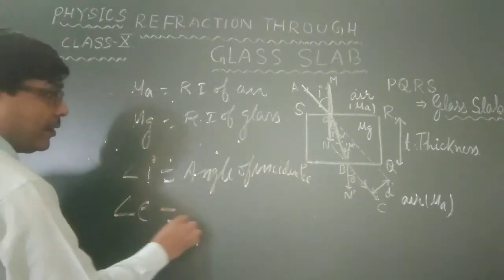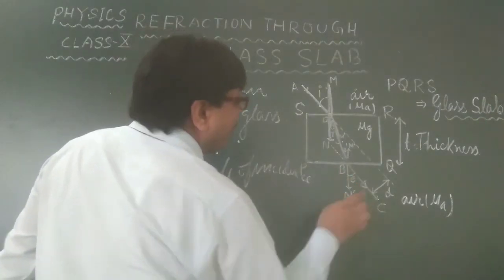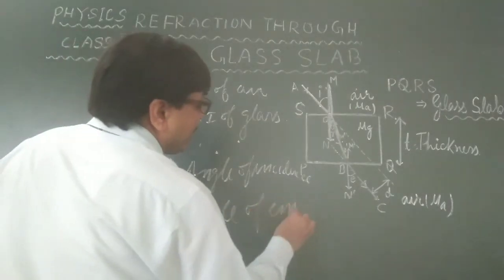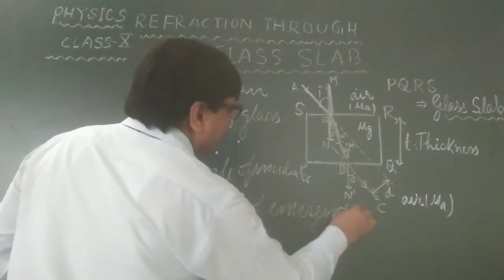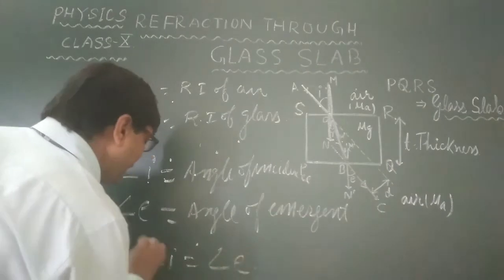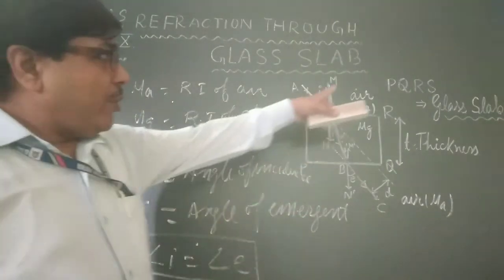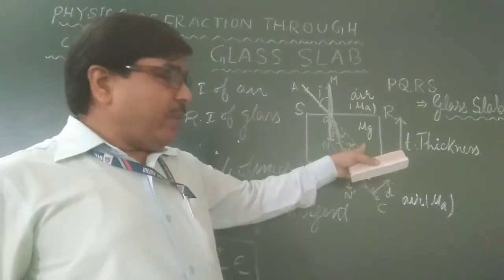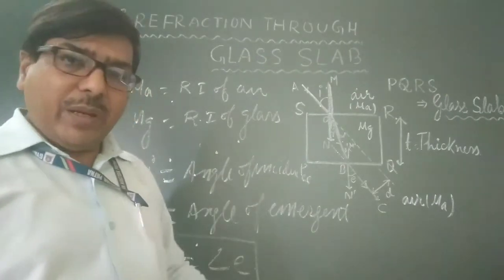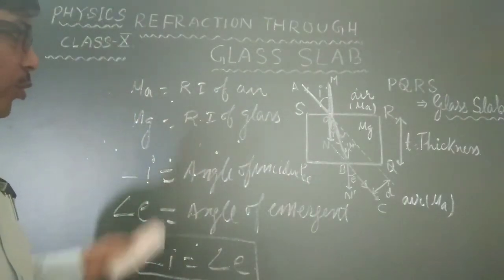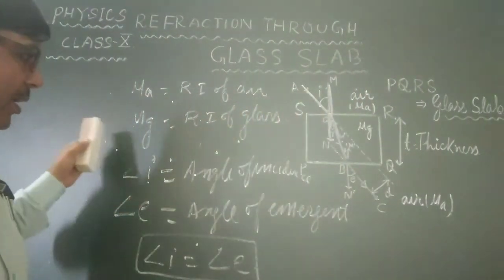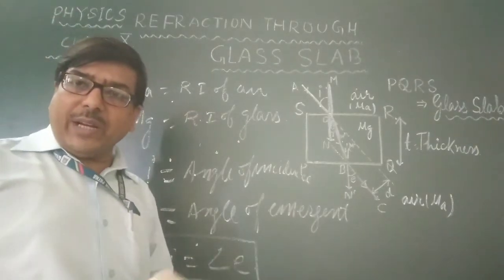And angle e, angle of the emergent ray, which is always equal to angle i, because the first medium is air and the second medium is the glass slab, and then again the first medium. So it can be equal. Now we can find this from sin r and sin i.